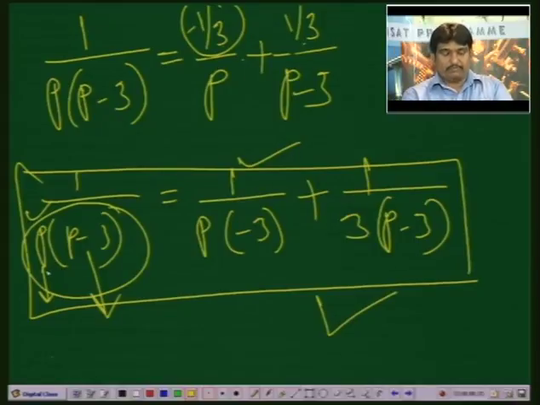Of course, equate the first factor to 0 and substitute that value everywhere except from the factor it is obtained. Equate the second factor to 0, substitute that value of p everywhere except from which it is obtained to get partial fractions of that proper fraction.